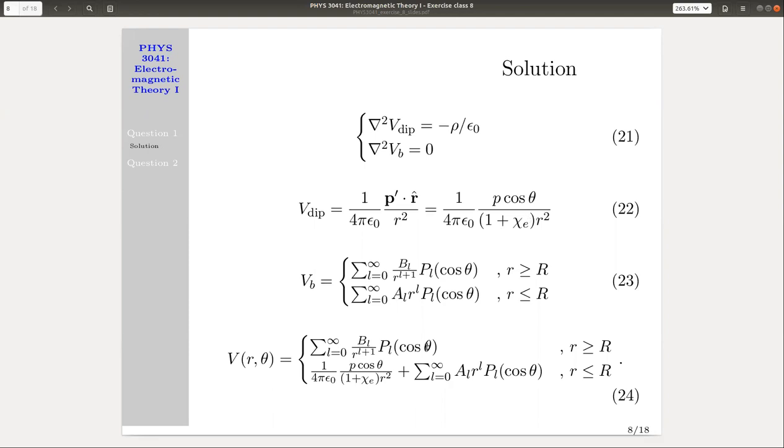So just for convenience, we can absorb the term here into this summation. But it does not mean outside the sphere there's no potential due to the dipole. No, we just absorb it into the summation here.